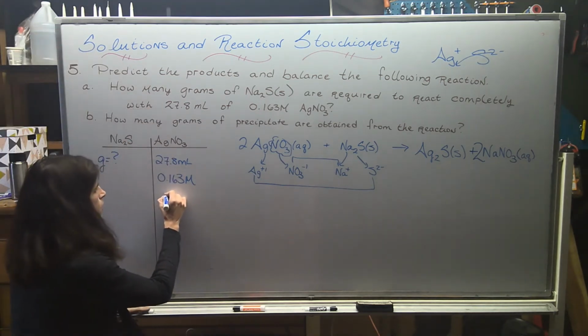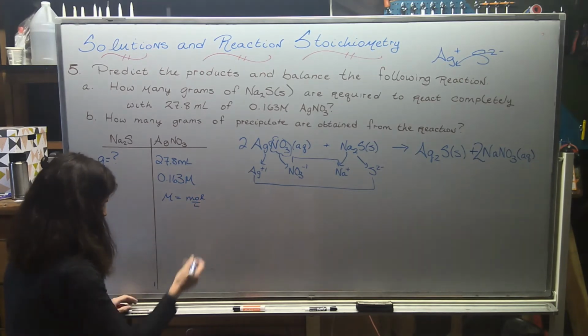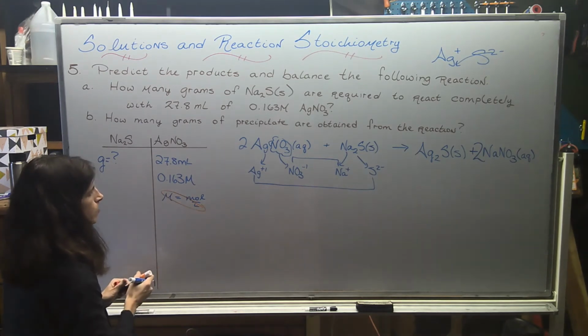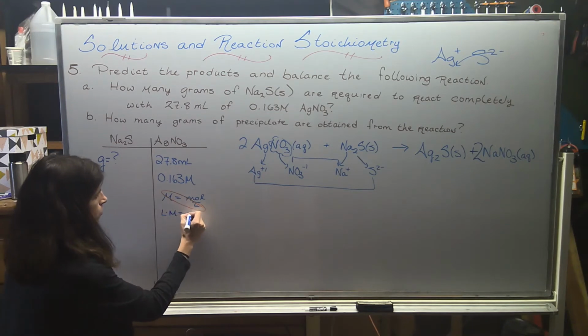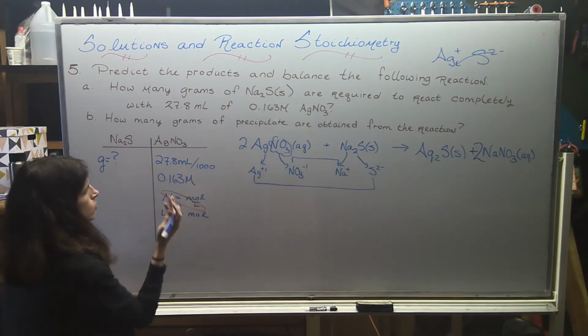So molarity is moles over liters. So if I do liters times molarity, that's going to give me moles. I need to divide this by 1,000 then, so it's liters.